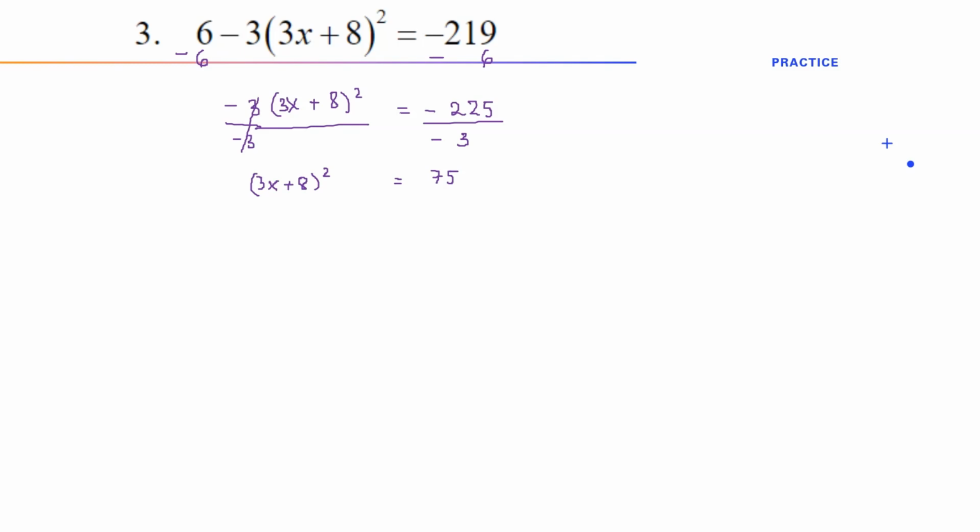Now we see this one is the square root property. That when we have x squared equals a, x equals plus or minus square root of a. So we can take that 3x plus a as our x, which equals plus or minus square root of 75.